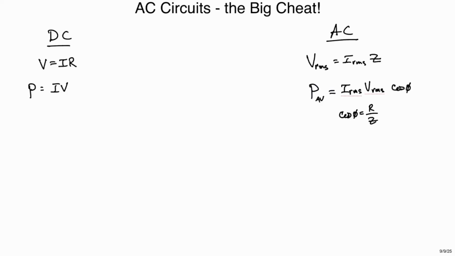We pretend it's a DC circuit, and that gets us 98% of the way where we need to be. The other 2% the electrical engineers can deal with. The other way to find phi is to do the tangent, but let's wait on that one.